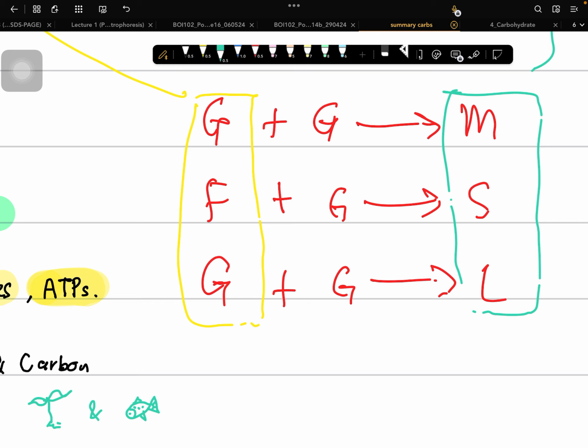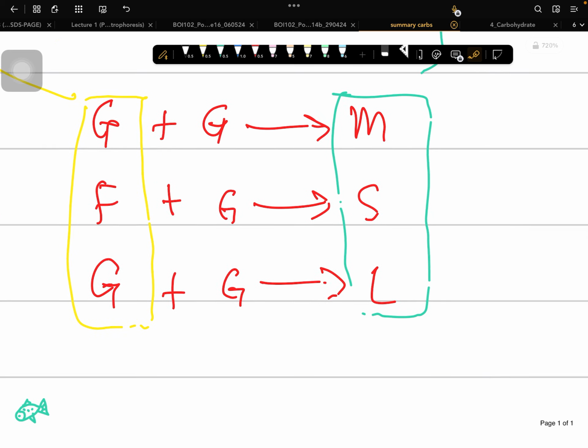For this one I use Malay words: girlfriend, gila, di, majlis, sukan, London. So the first one refers to glucose plus glucose, and you get maltose.